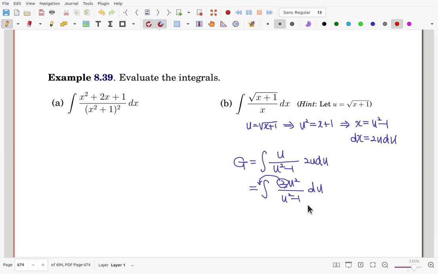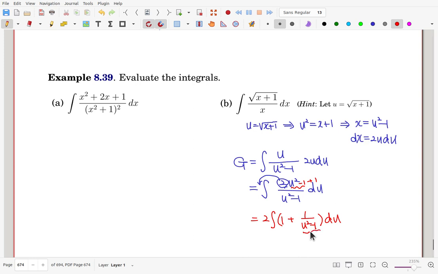For u squared, you can do the division, but rather than doing the complication, we add minus 1 and plus 1. Then this portion will make 1, and we have the remainder part. So it's the same as 2 times the integral of 1 plus 1 over u squared minus 1, du.